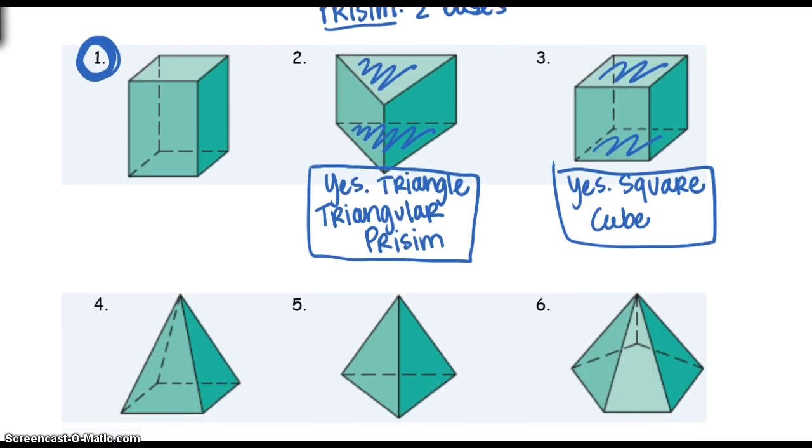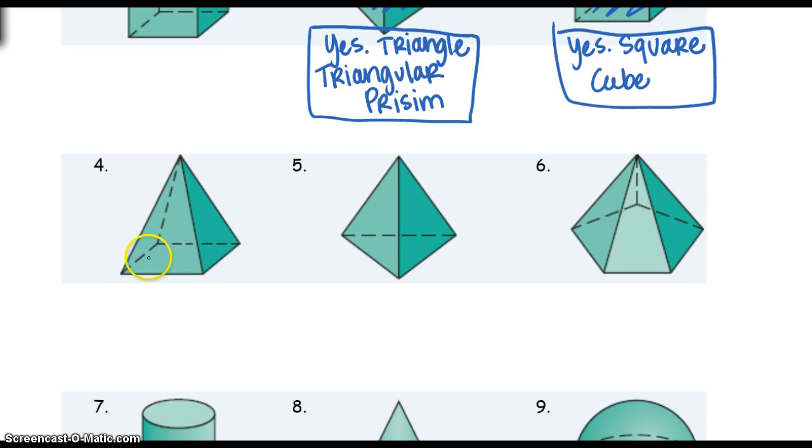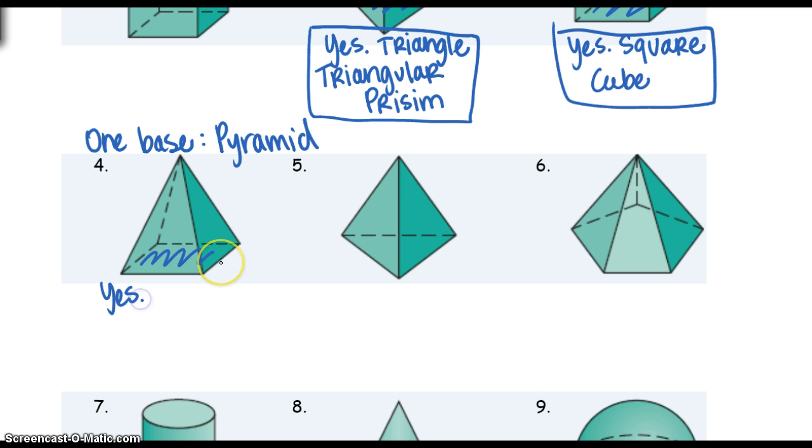Now let's go on to 4, 5, and 6. So on 4, do you notice that there's only 1 base? So if there's 1 base, it's a pyramid. So looking at number 4, I see 1 base. So yes, it's still a polyhedron. And what's the shape of that base? Well, I don't know if it's a square or not. I'm just going to say it's a rectangle. I think it's a square though, but I'll say it's a rectangle.